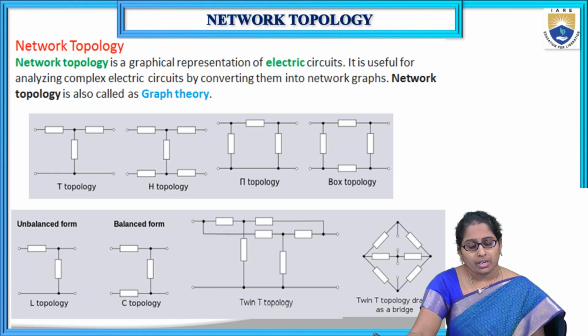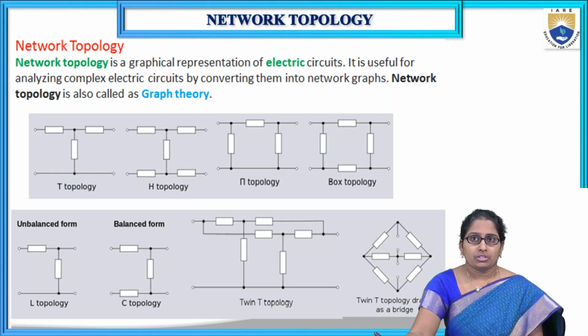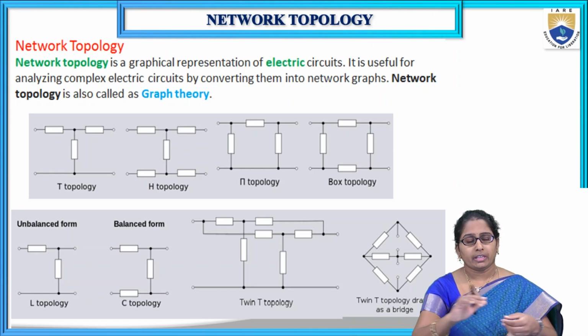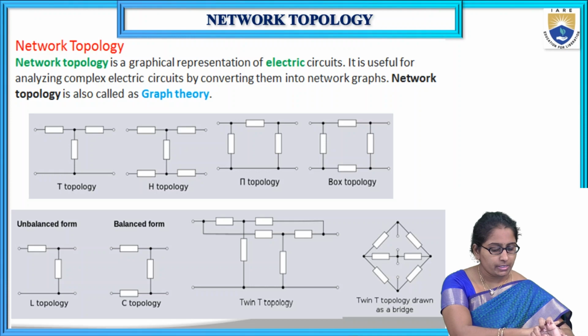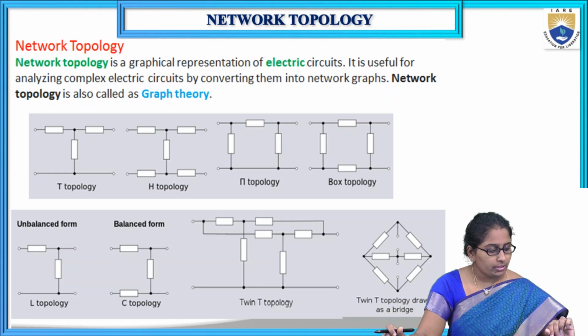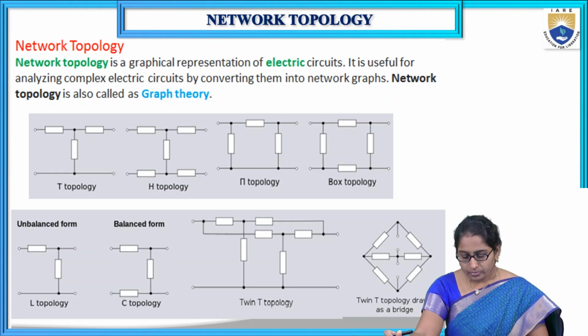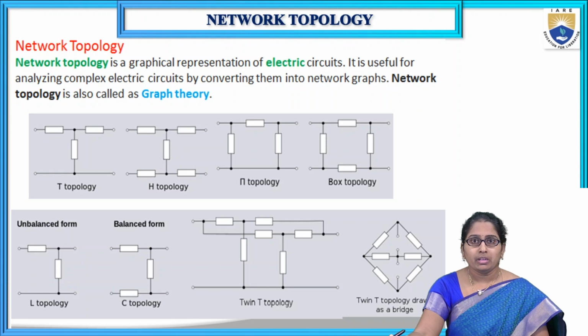The third one is the pi topology, which looks exactly like the symbol pi. The next one is the box topology, then below you can see the L topology, then the C topology, then the twin T topology, and the twin T topology drawn as a bridge. So these are some network topologies.